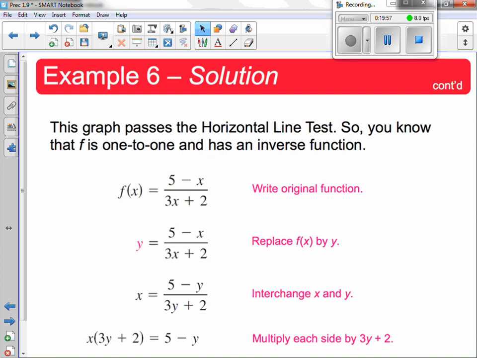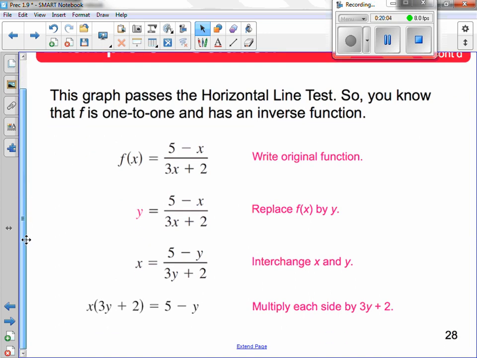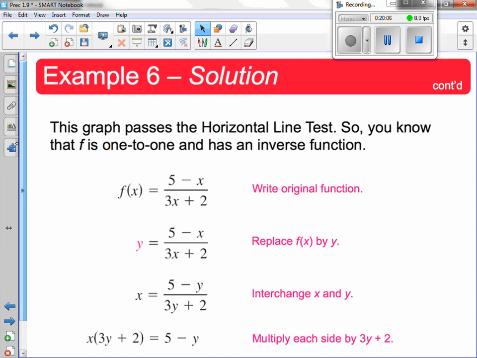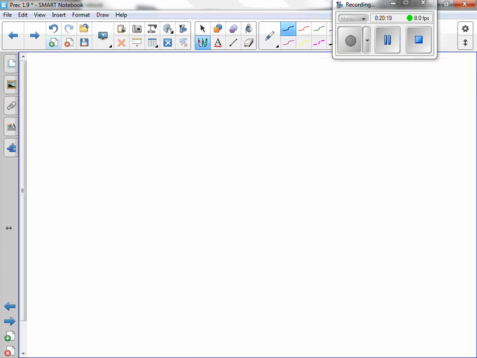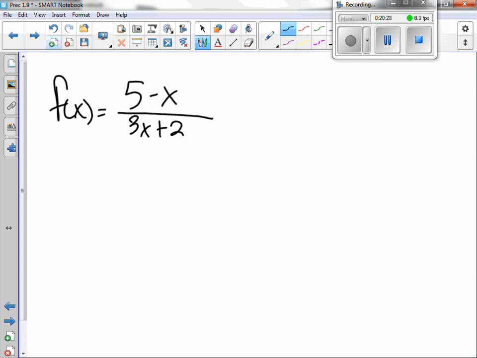Now, this here's a different one. So we have x on top and bottom. So if we want to do it, we switch. Let's actually do this one here. I know it's all written out there, but okay.